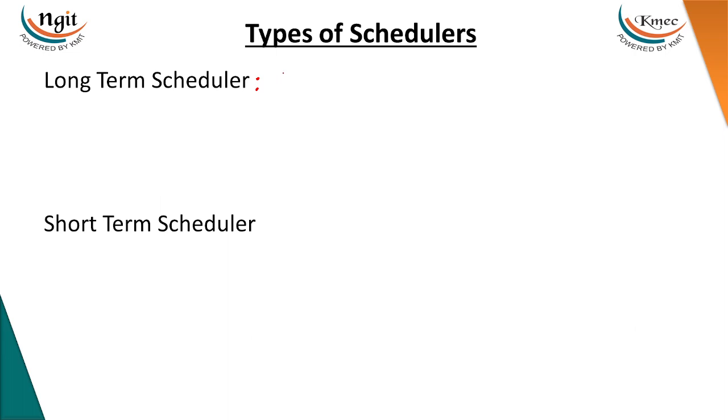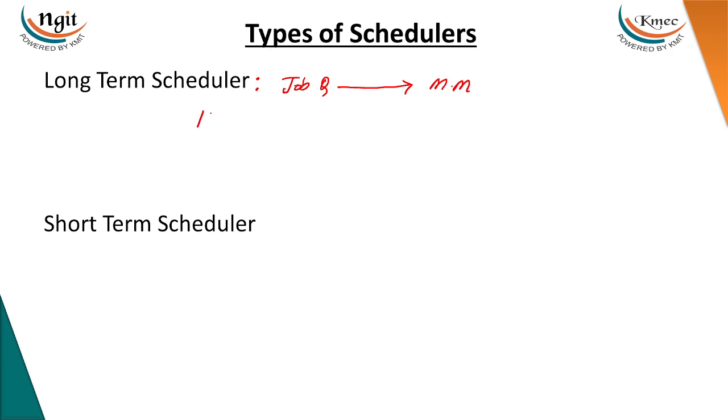Once a process or program starts executing, it is put into the job queue. The long-term scheduler selects a process residing in the job queue and sends it to main memory.